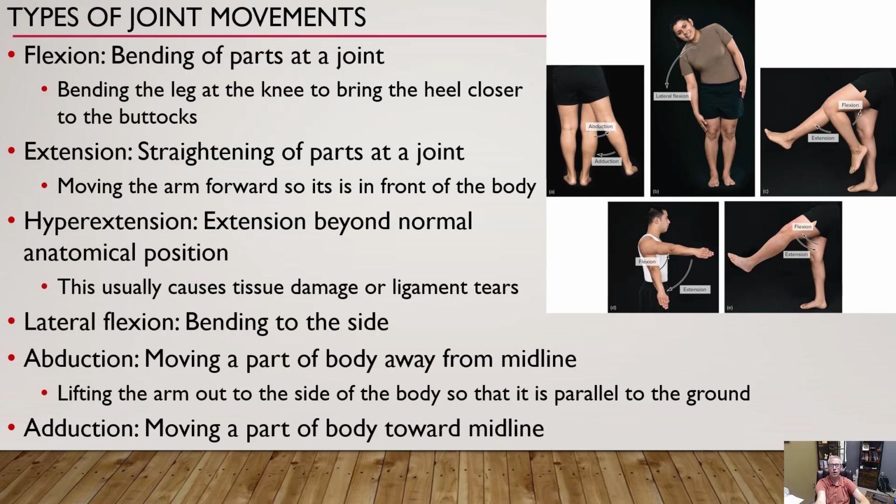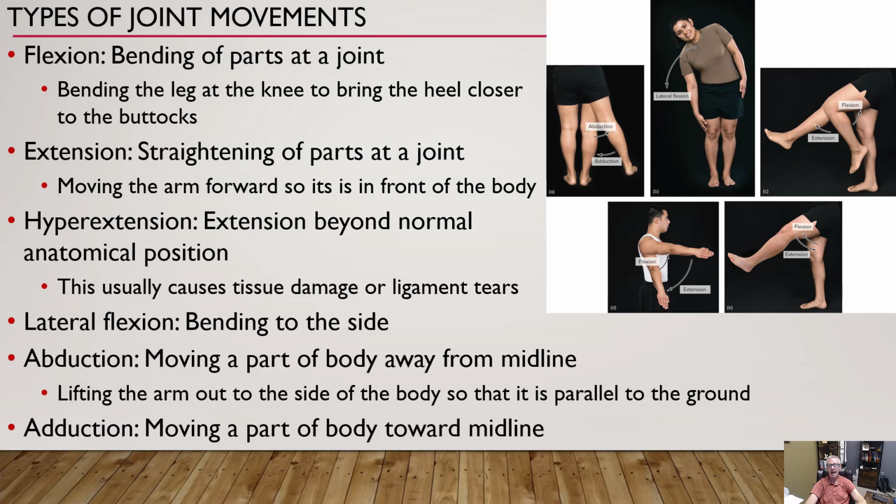You're moving your arm forward so that it's in front of your body. Hyperextension. You're extending that arm past the normal anatomical position. Typically, sometimes this can cause tissue damage or ligament tears. Lateral flexion is bending towards the side laterally. Remember, lateral means towards the side.